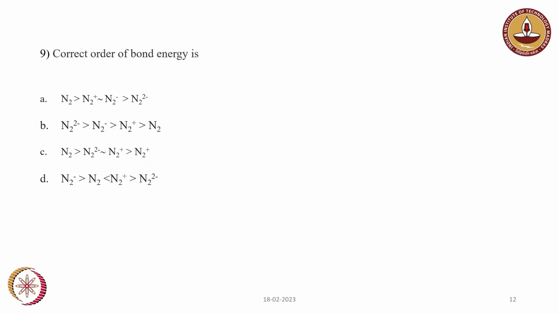The next question is the correct order of bond energies. A is N2 greater than N2 plus similar to N2 minus greater than N2 2 minus. B is N2 2 minus greater than N2 minus greater than N2 plus greater than N2.